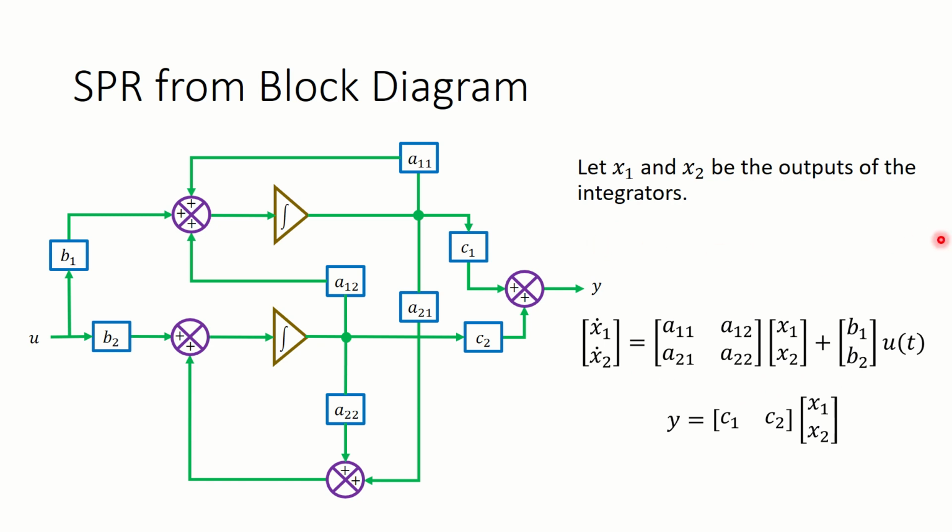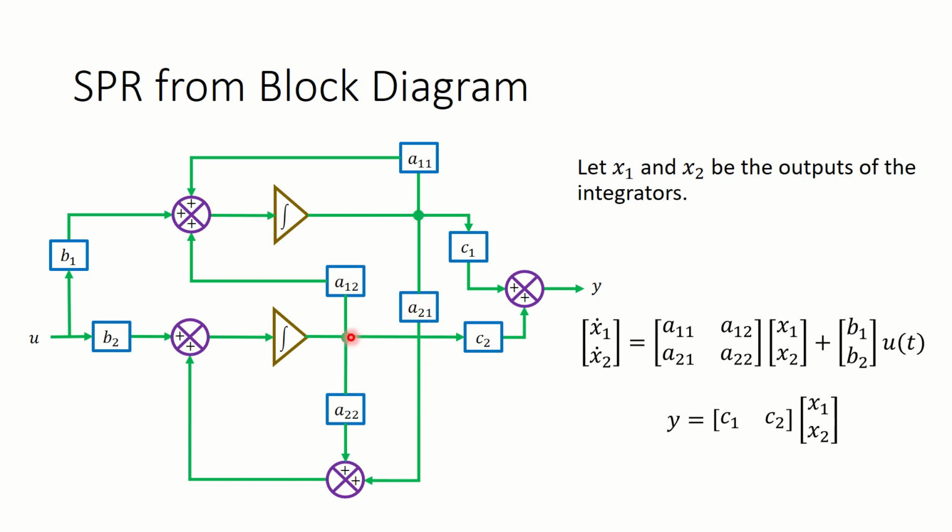So x1 dot you have written down. x2 dot is the output of this summer. What is coming in at the input of the summer? Again another summer is there, so this signal is the summation of this and this. x1 is coming through a21.